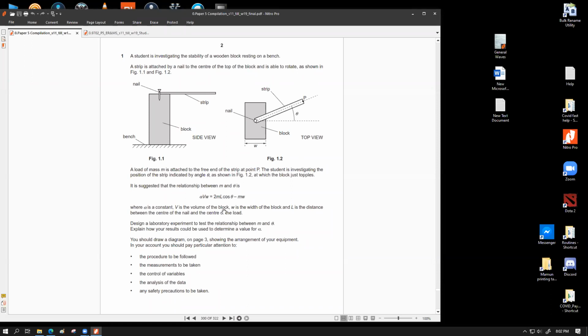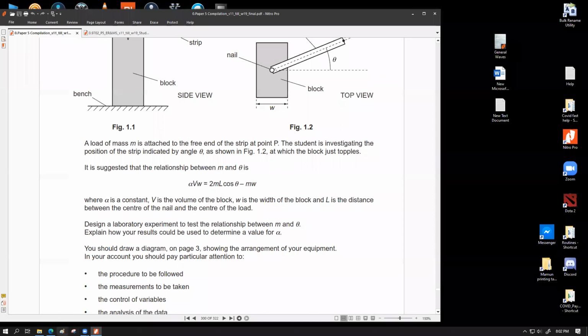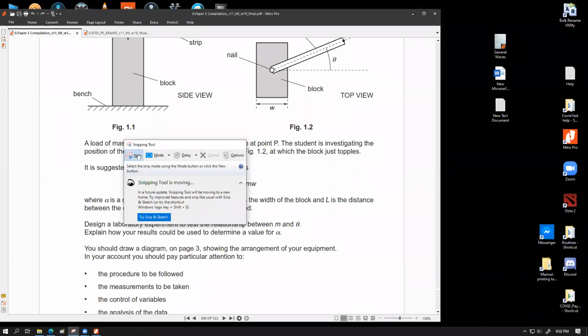So in this case, m is in two places. Okay, I'm going to try and work with this equation. Just give me a moment. I cannot copy this, so the snipping tool helps.